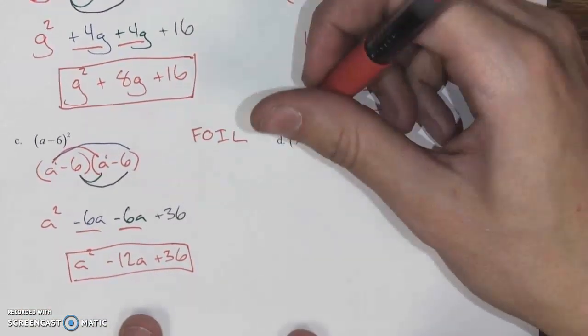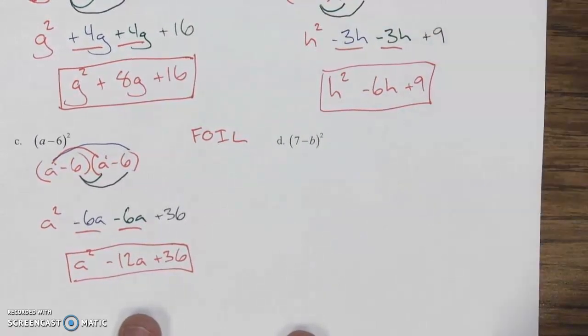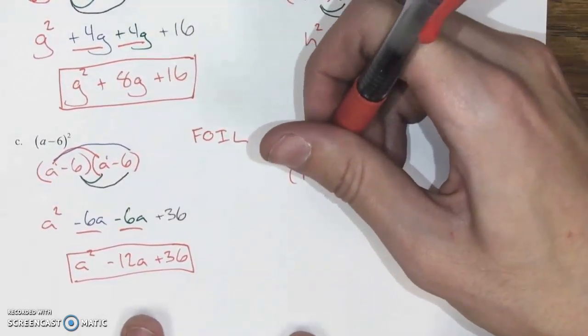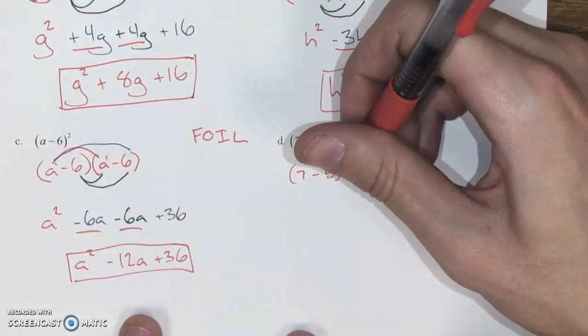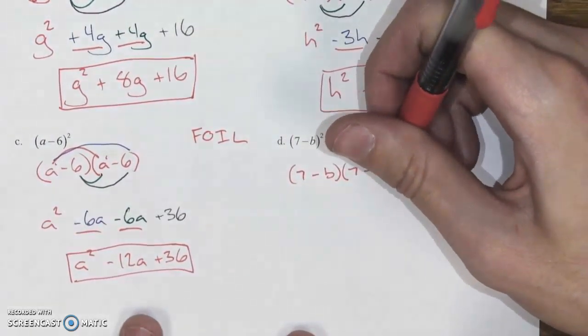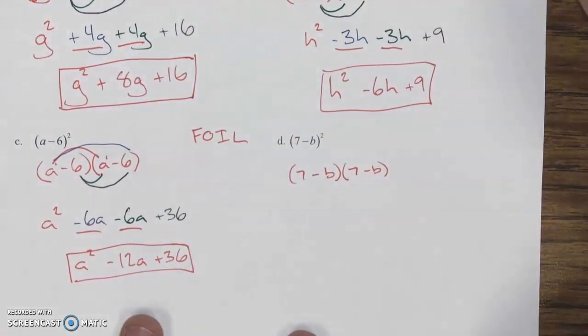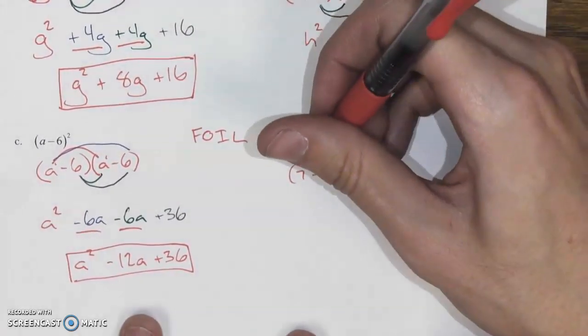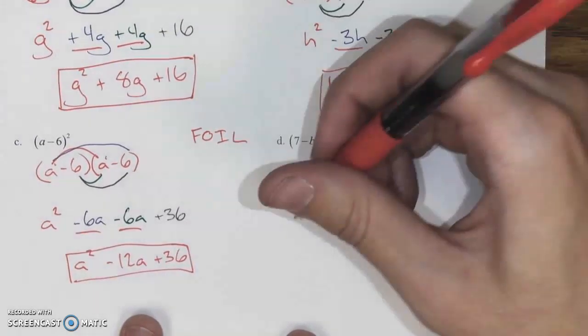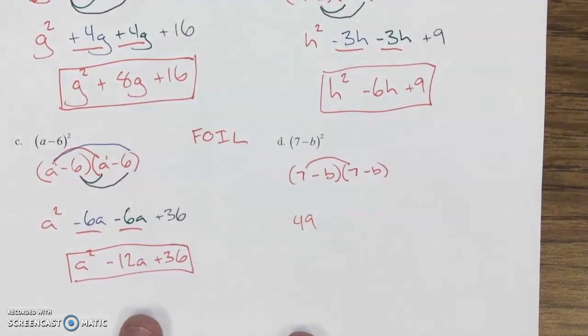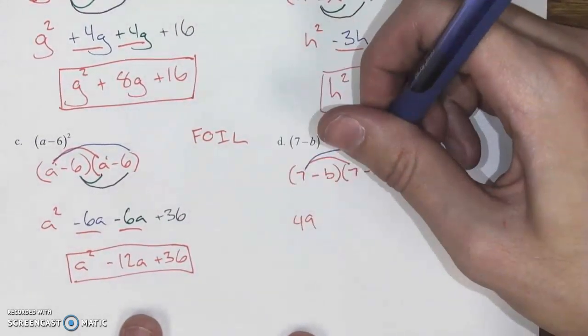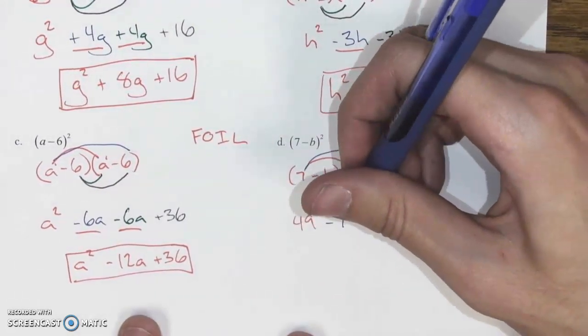Finally, we have 7 minus b quantity squared. We'll do the same thing. We'll expand it out to 7 minus b times itself 2 times. 7 minus b times 7 minus b. We do the same thing. FOIL. First, outer, inner, last. So we have first, 7 times 7. Outer, 7 times negative b gives us negative 7b.